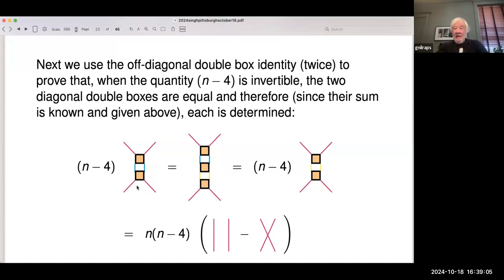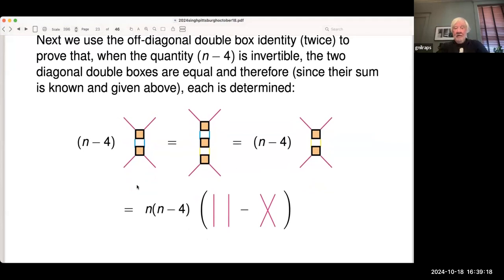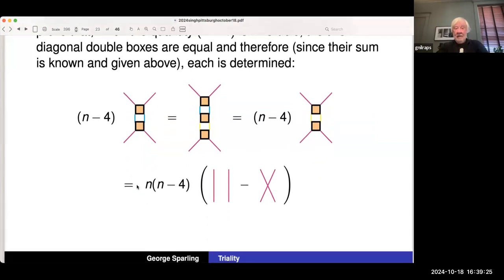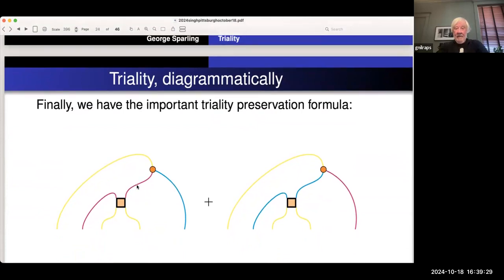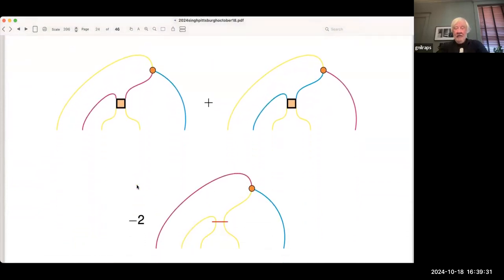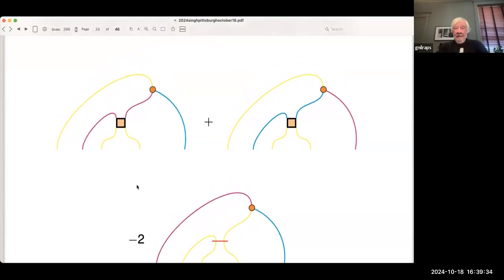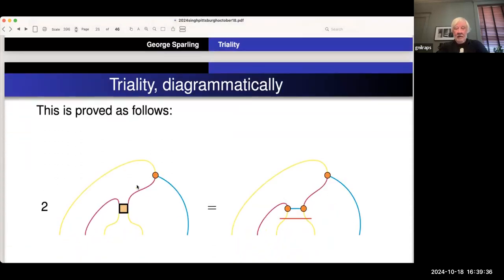And previously we had a formula for the sum of the 2, and therefore since the 2 agree, you can just say that this quantity is equal to half the formula for the previous sum. And so you get an expression for the double box with all ends the same color as just proportional to the Kronecker delta. And then there's what's called a triality preservation formula, which I won't dwell on at the moment.